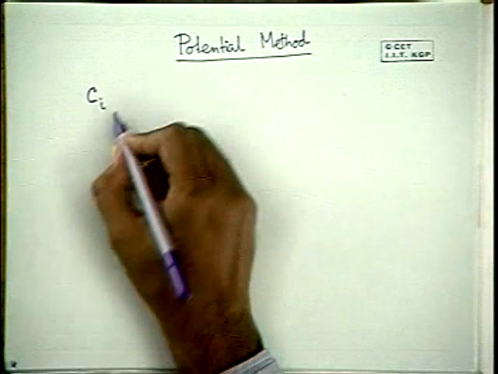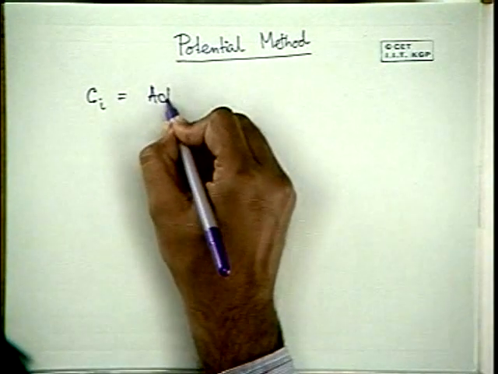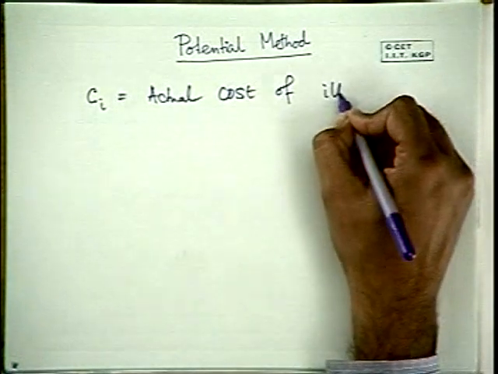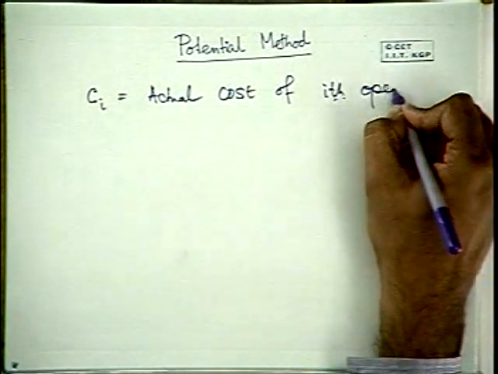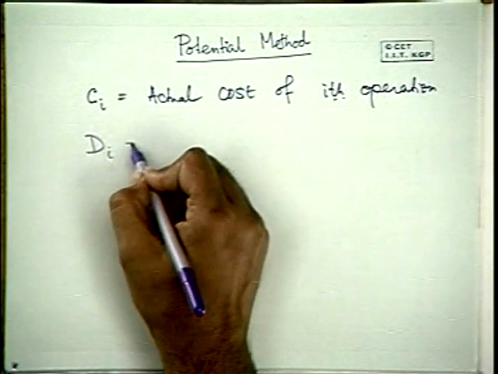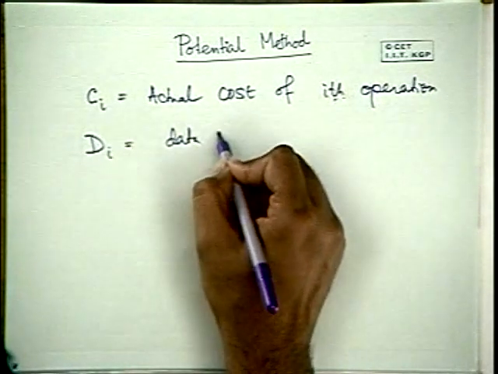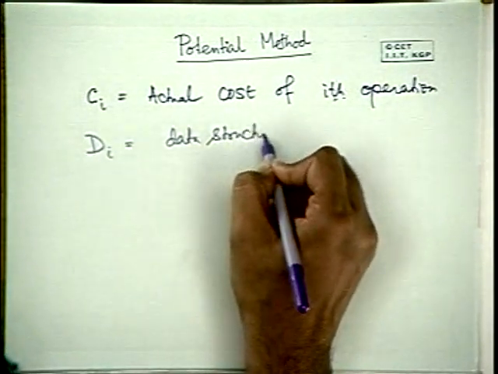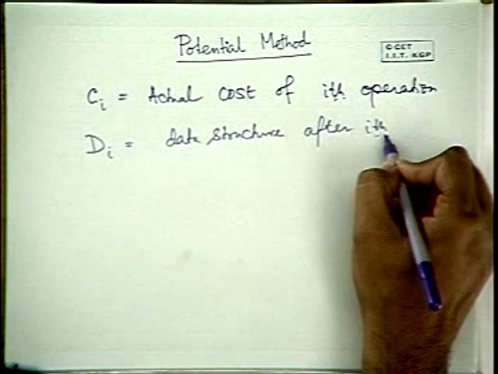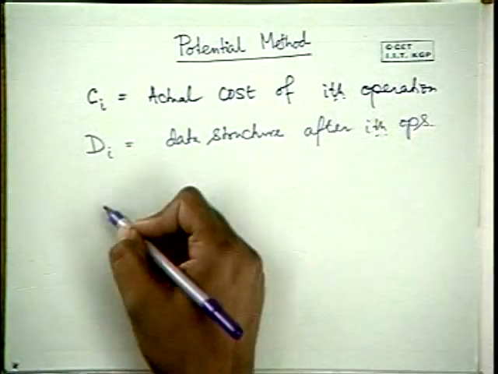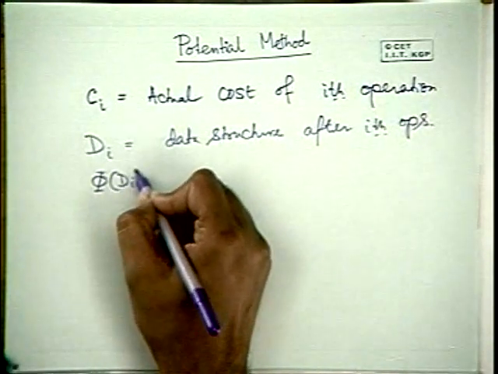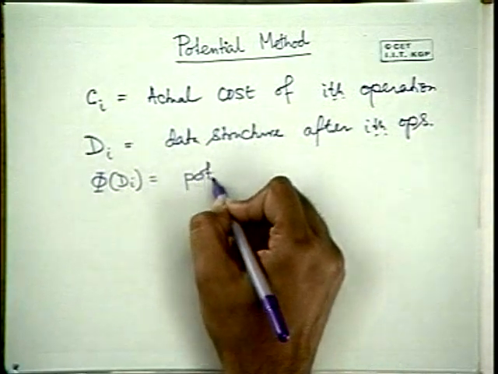Suppose Ci is the actual cost of, say, the ith operation, and Di is the data structure after the ith operation. Now phi of Di is the potential of Di.